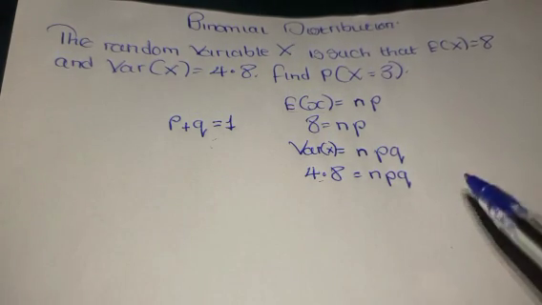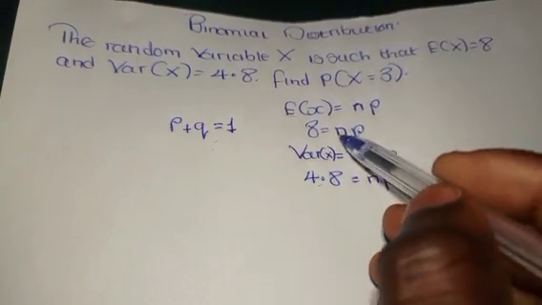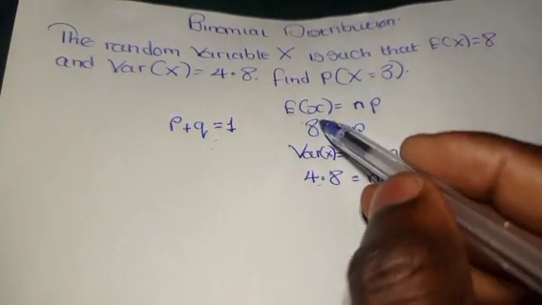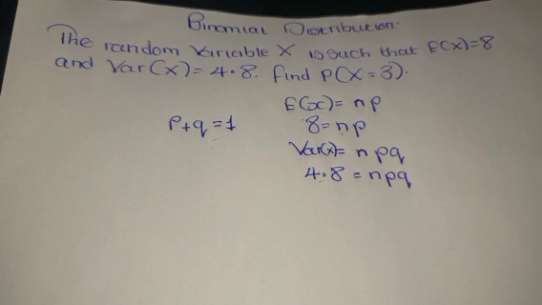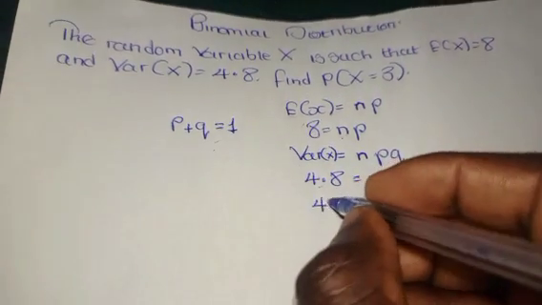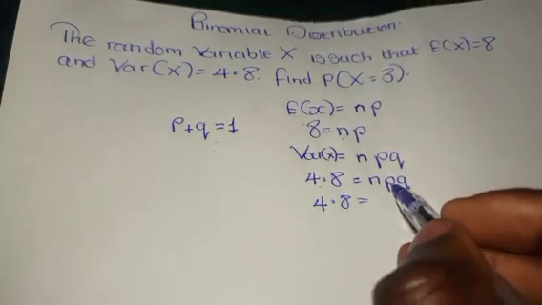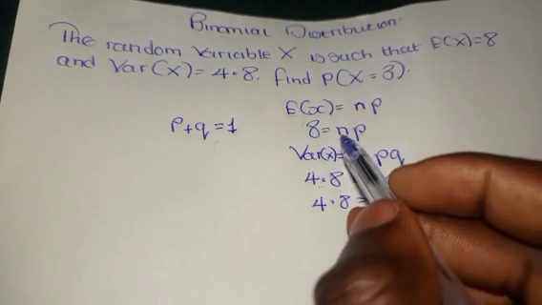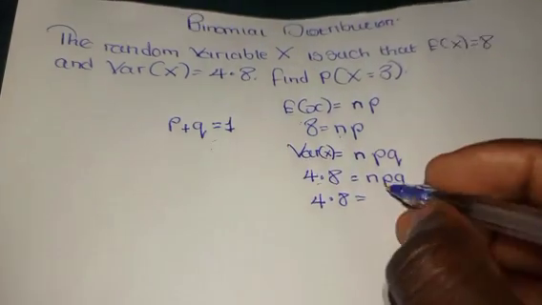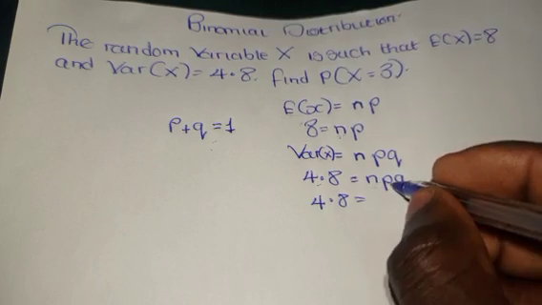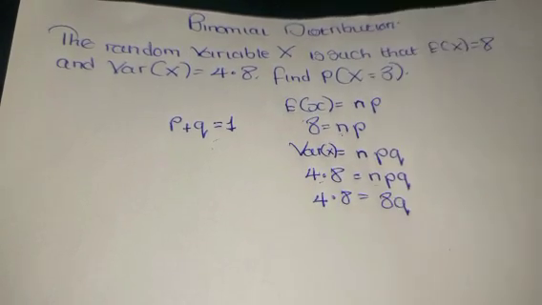Then remember, np is equal to 8. In algebra we have substitution, where np is the same as np here, and they have said that np is equal to 8. So we replace np with 8q.